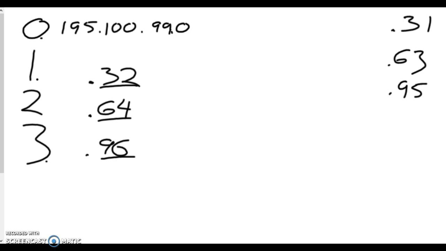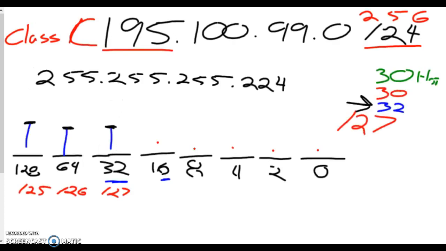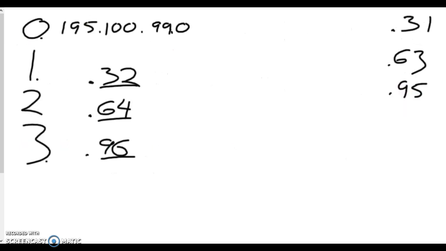Now, since we're continuing on, I forget how many networks. 2, 4, 6 different networks. Since we can continue on to 6 different networks, we could figure out the next one. So 32 plus 96 would be 128.